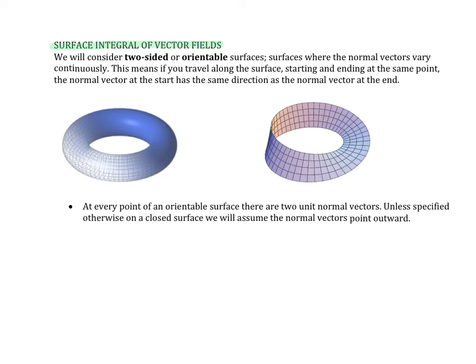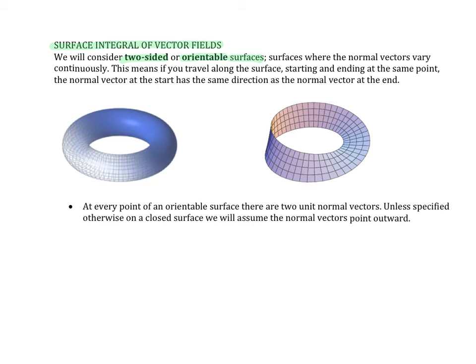This is just vocabulary right now. So when we talk about two-sided or orientable surfaces, these are surfaces where the normal vectors vary continuously as you go around your surface, but they stay in the same direction from the start to when you come back around and finish.